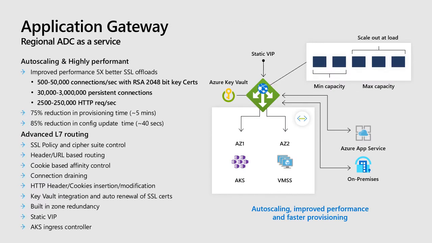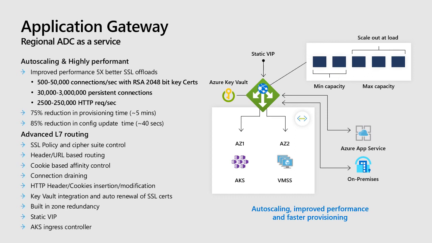Application Gateway, on the other hand, think of this as a regional ADC as a service. Similar to WAF, it is also an auto-scaling and highly performant platform that can support auto-scaling of incoming connections, especially if you have a high-traffic web application or website.